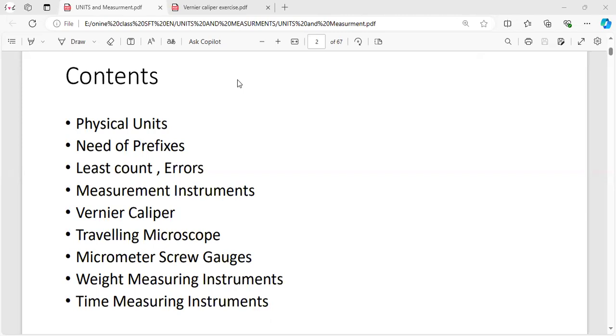Learning about these things will definitely help you for the rest of your academics as well as for your career as well.